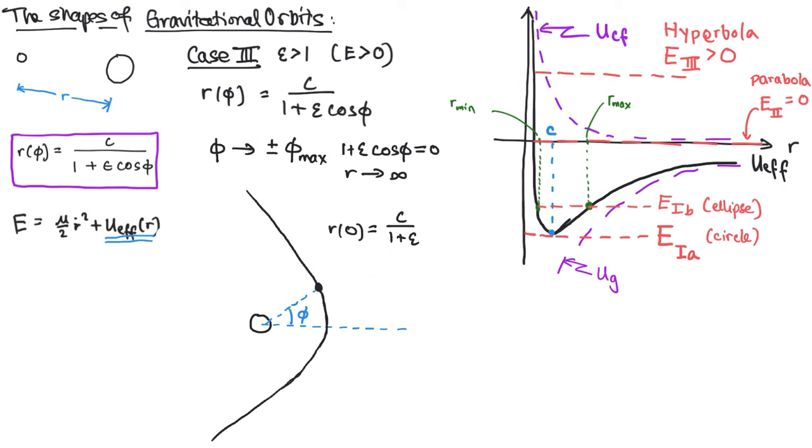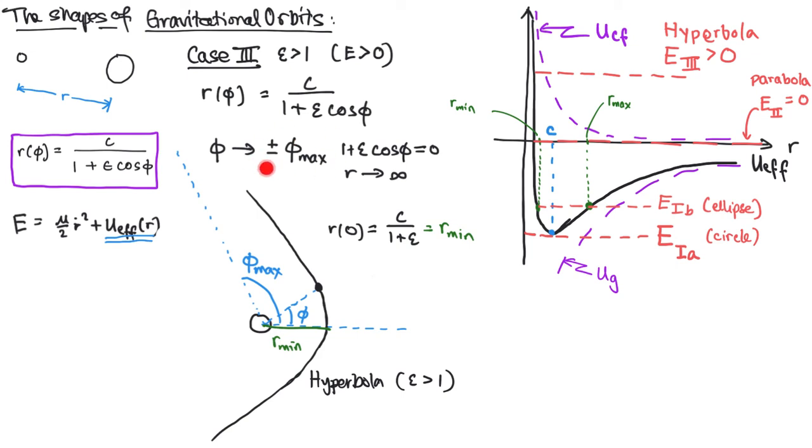So that's our r min. But now there's going to be some angle phi max, and when you approach that angle phi max, r approaches infinity. So this curve will asymptotically approach this line, the blue dashed line, and that is a hyperbola. That's the case of epsilon bigger than 1.